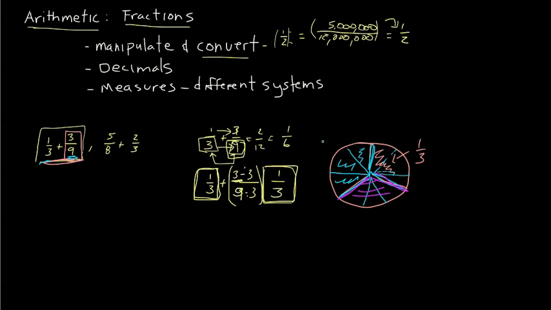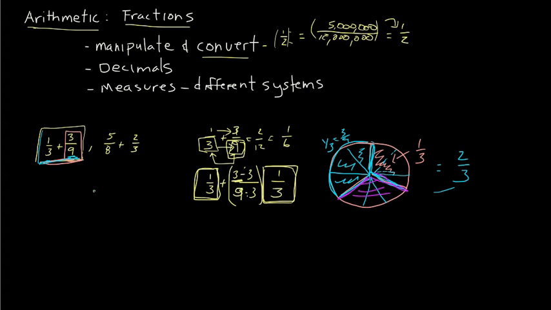That means that the 3/9 took up this third. It's the same as 1/3. And then this one was 1/3. So if we added those together, we have 1/3 and 1/3 equals 2/3. That's if you added these two together. And that's really easy to see in this setting.